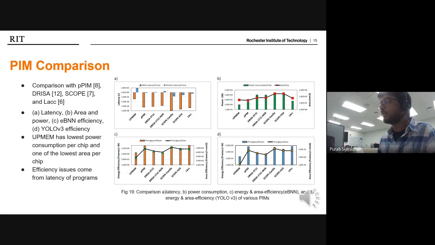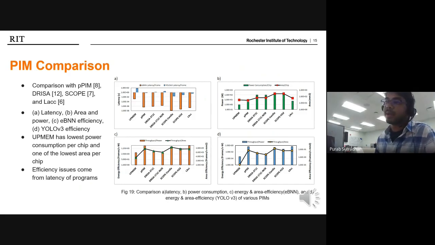However, with low power, there is a distinct disadvantage: the energy efficiency is lower for UPMEM PIM per chip. This is because of the large processing footprint, and also the fact that there can be only 8 units in every chip because of the large size.